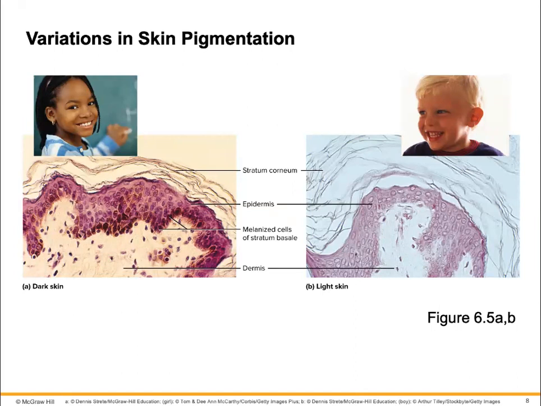It also aids in fertility and fetal development. So our skin color is sort of a balancing act between stimulating vitamin D synthesis and preventing folate breakdown. So there is definitely a balancing act.